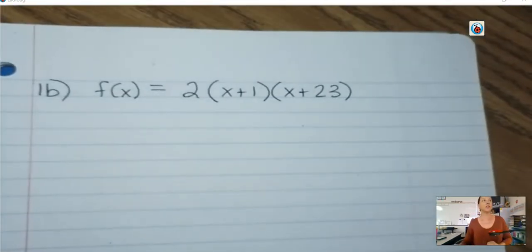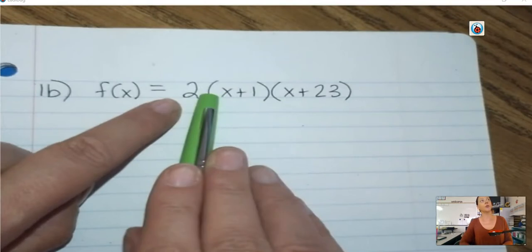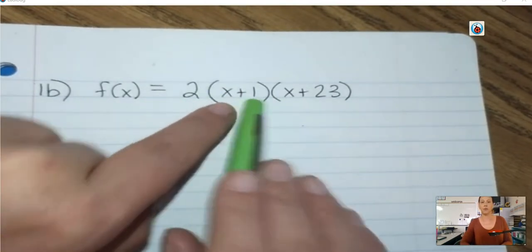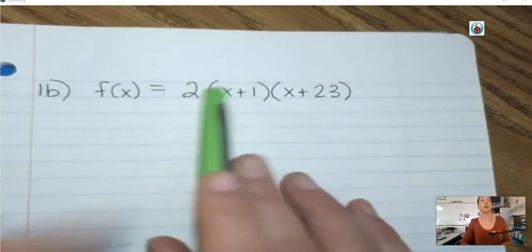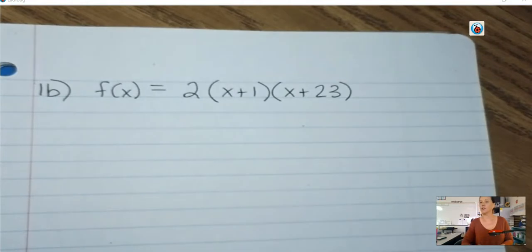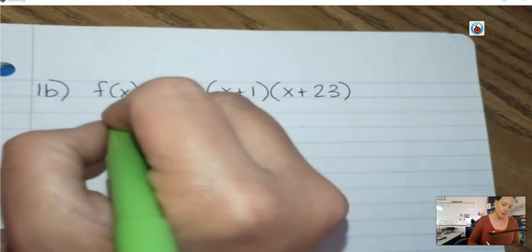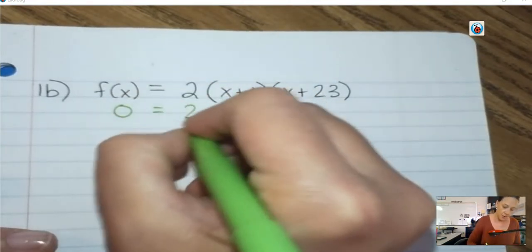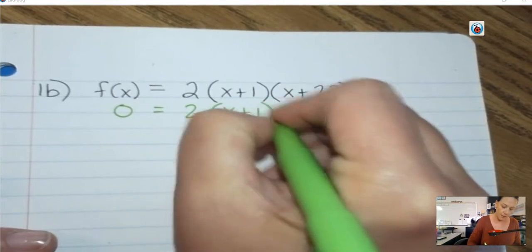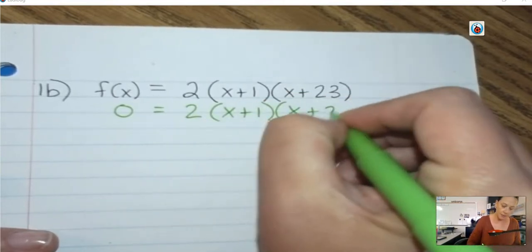So when things are touching, it's multiplying. So this says 2 times x plus 1 times x plus 23. So there's 3 factors here. There's 3 things getting multiplied. So really it's 0 equals 2, and then we're going to multiply that by x plus 1 and multiply that by x plus 23.